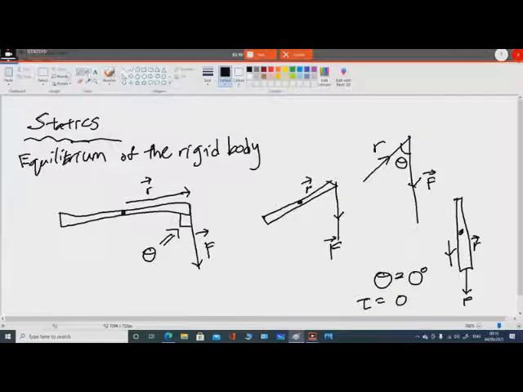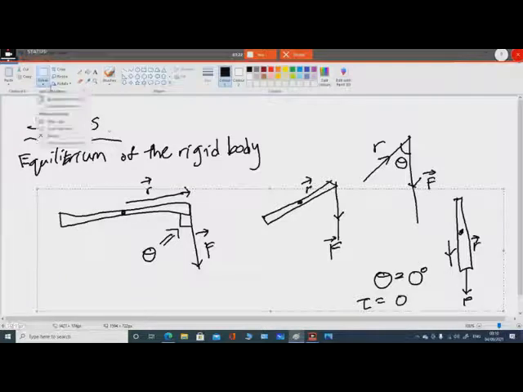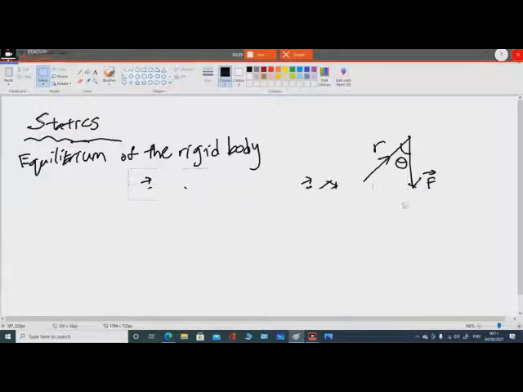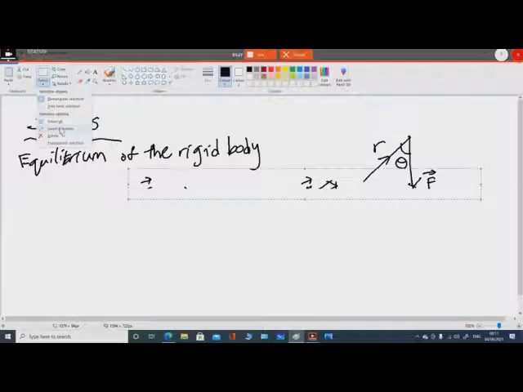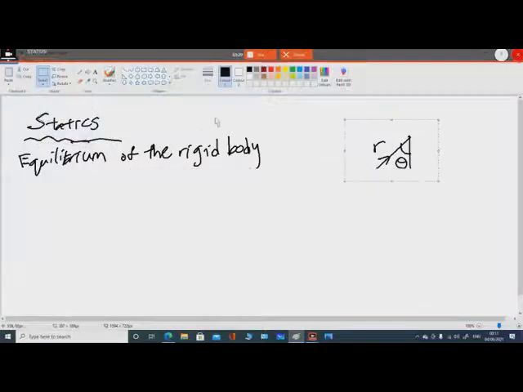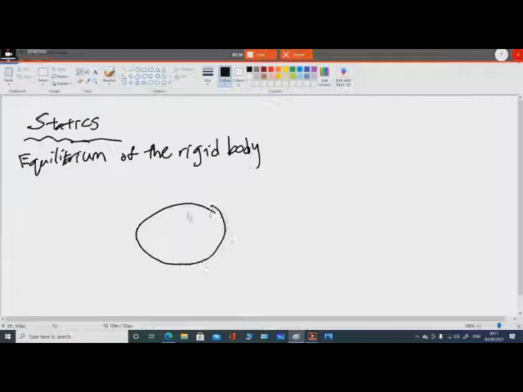Okay, let me give another example. Let me erase this. Let's say I have a rotational disc. This is the distance between the center and the edge of the rotational disc, and there's a force here.